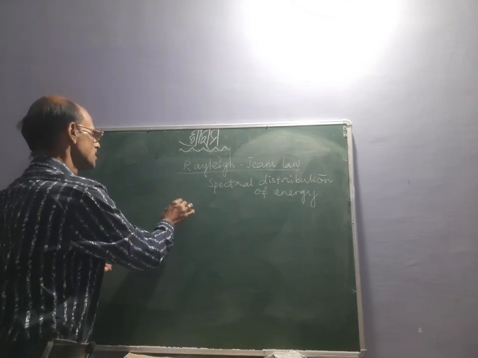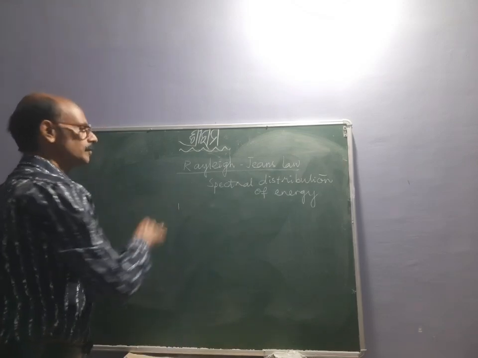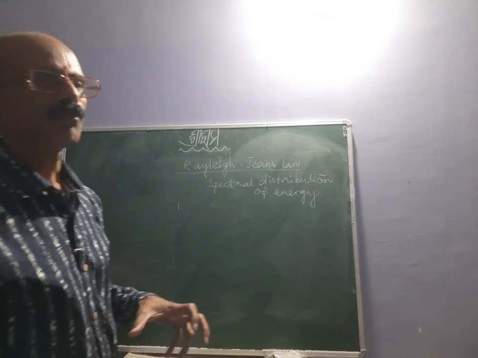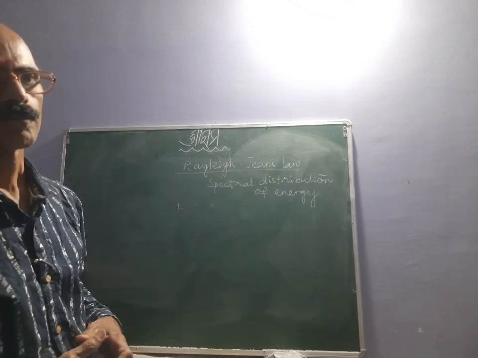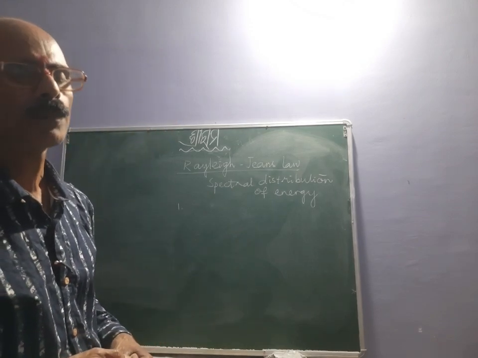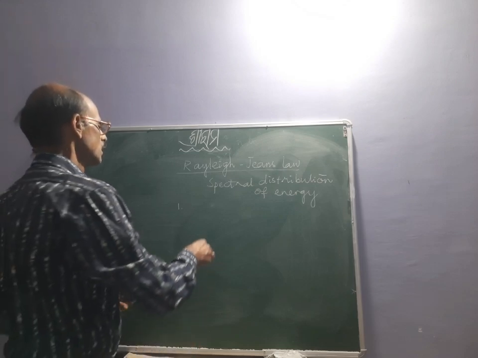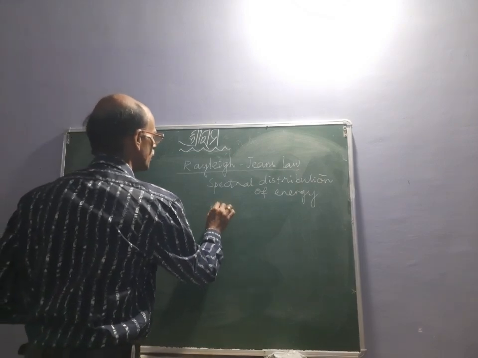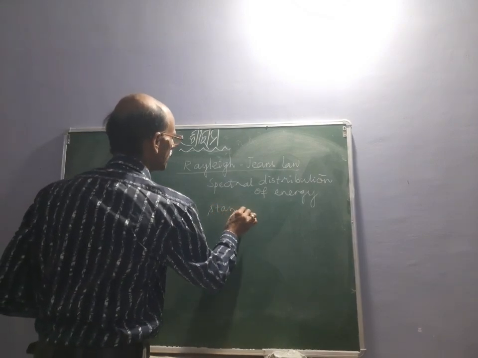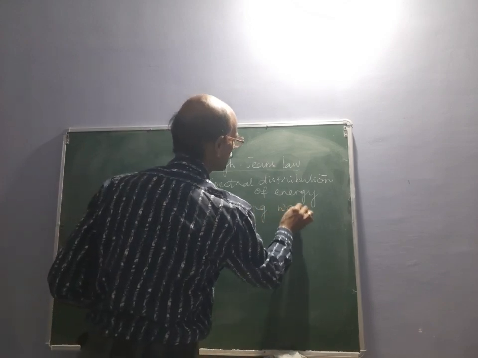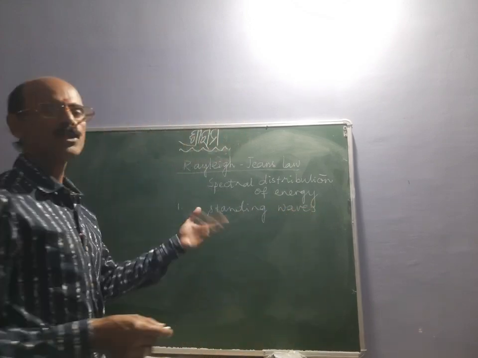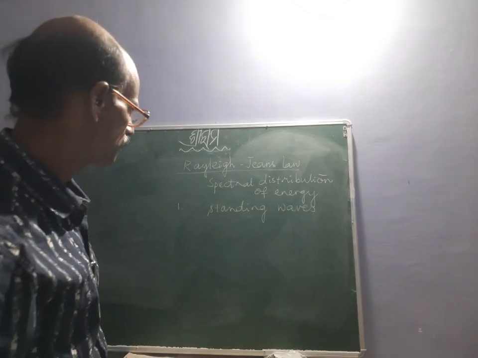First assumption is the electromagnetic energy radiated by a black body consists of standing waves, which are also called stationary waves.